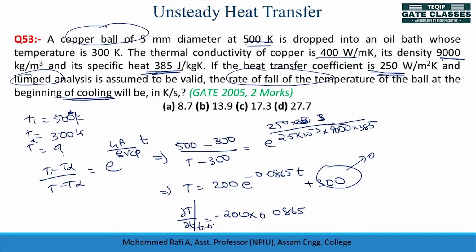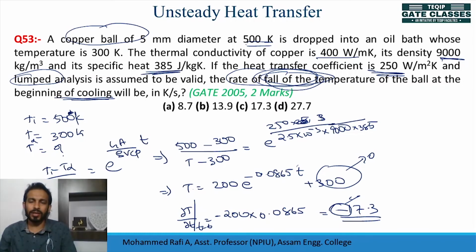I am asked to find the rate of fall of temperature at time equal to 0, so e to the power minus 0 is 1. So the rate of change is 200 into 0.0865, which is minus 17.3. What does the minus mean? It is just the rate of fall of temperature, meaning the temperature is going down. There is no other meaning for that negative sign. It just shows the direction of heat transfer.